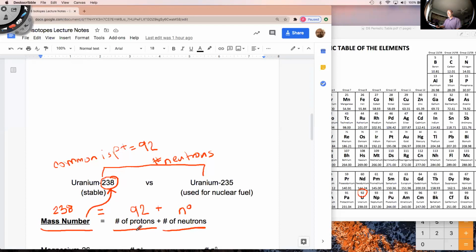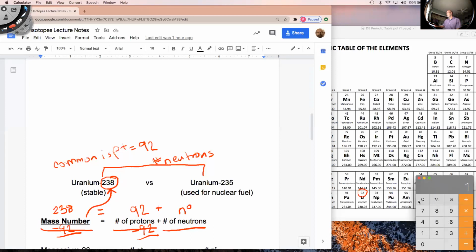Let's subtract 92 from both sides of this equation, minus 92. 238 minus 92 equals 146. So we must have 146 neutrons. So this element has 146 neutrons.